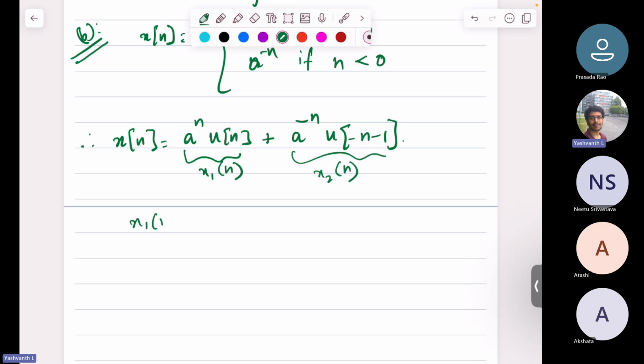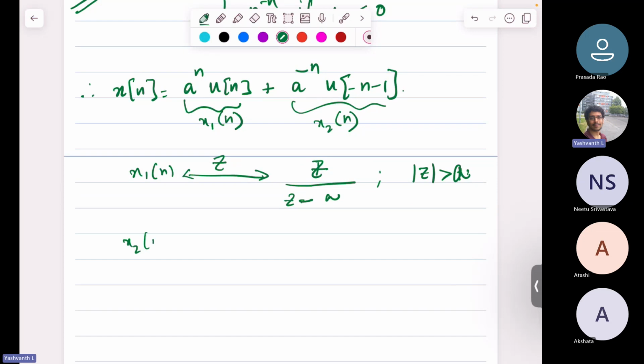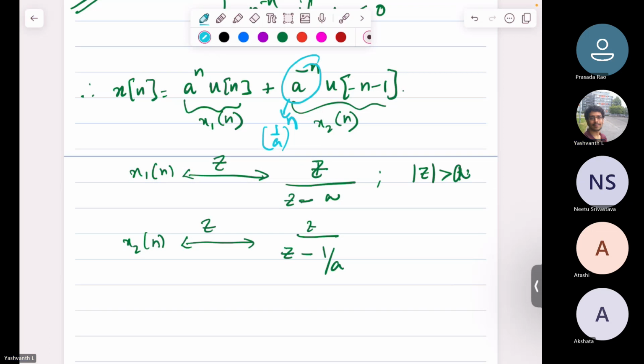So x1 of n has the z transform z by z minus a, and the ROC is mod z greater than mod a, or just a, because a is a real number. x2 of n has a z transform z by z minus 1 by a, because a power minus n I can write as 1 by a power n. That's why it's just z minus 1 by a. But the ROC will now be interior to a circle with radius 1 by a, because I have u of minus n minus 1.